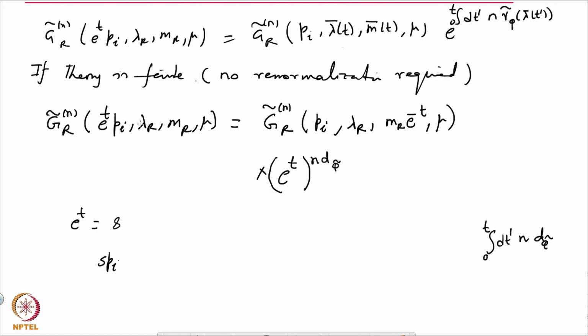So all the momenta I have scaled up by s times. Okay, then here you have in the argument this will become mr over s. Okay, because e to the minus t, that's the inverse of e to the t, so it will be 1 over s, and this is s pi. Okay, and here, this factor is s power n d phi tilde.